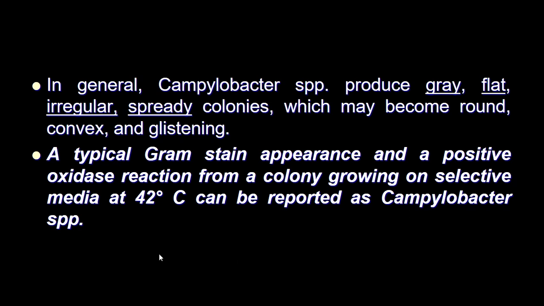Also, growth at 42 degrees centigrade can differentiate those. If they can grow at 42 degrees centigrade and are oxidase positive, then we have to report them as Campylobacter species.